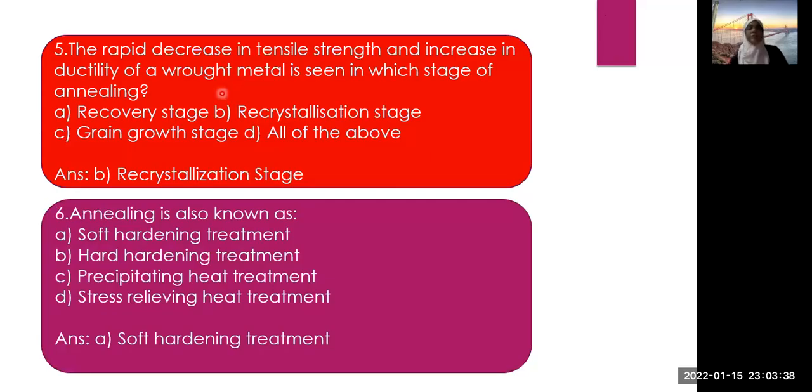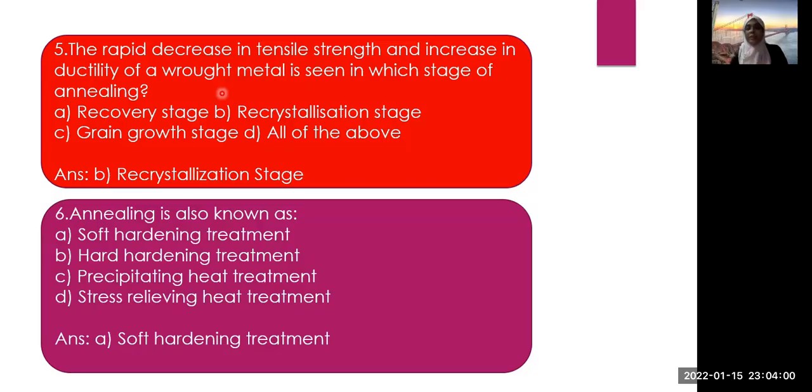Okay. Next, the fifth question: the rapid decrease in tensile strength and increase in ductility of the wrought metal is seen in which stage of annealing? I hope you remember the graph we discussed, where it is during the recrystallization stage, or the second stage, that there is a significant increase in ductility.